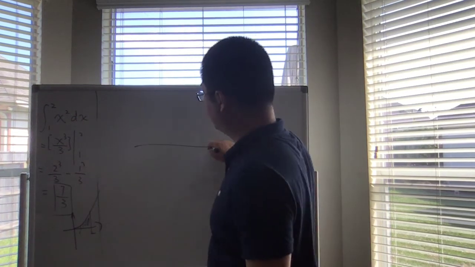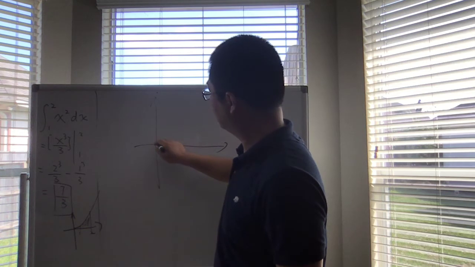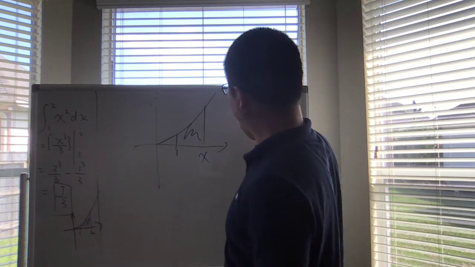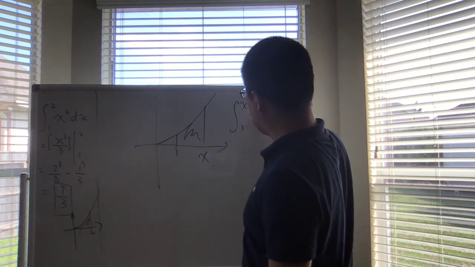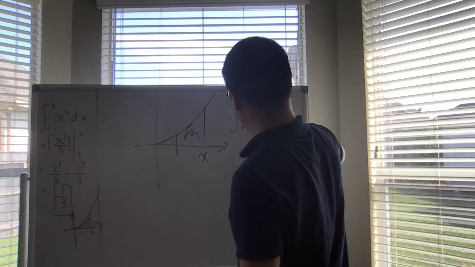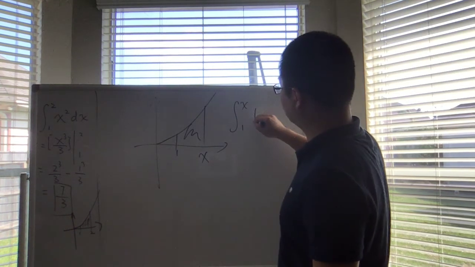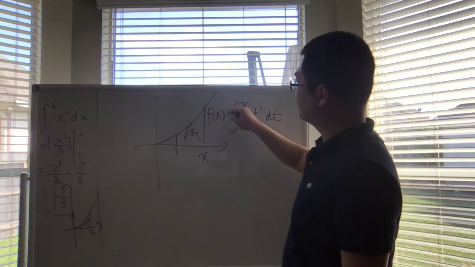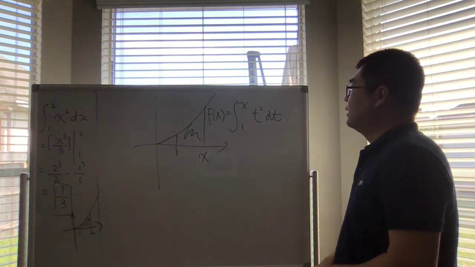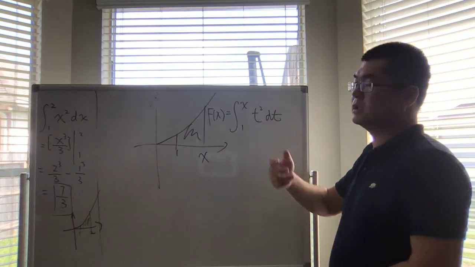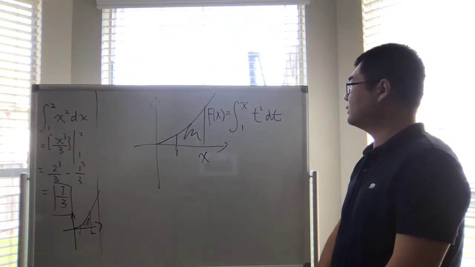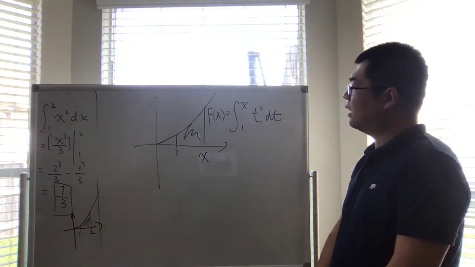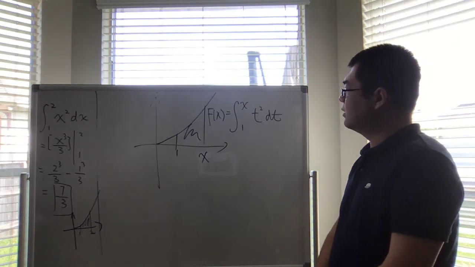Also, we define a function this way, the integral from 1 to x. Well, in this problem I cannot use x, so I need to change to another variable. Let's see, t squared dt here. This function is capital F(x), okay? And as you can see, guys, this is actually the antiderivative function of x squared.